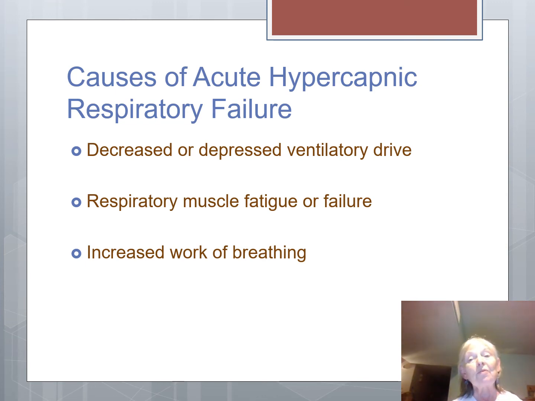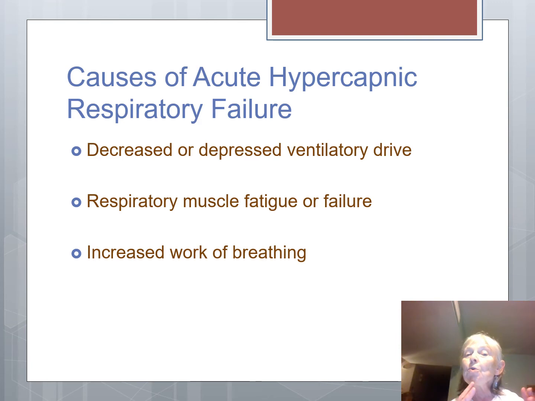Another is a perfusion-diffusion defect, and another is a diffusion defect. The shunt, the VQ mismatch, and the alveolar hypoventilation are the 3 major ones that we focus on when dealing with hypoxemic respiratory failure.